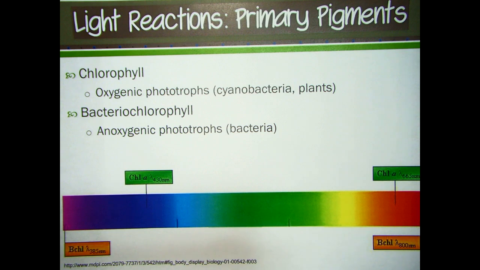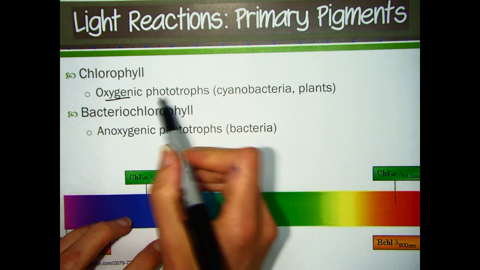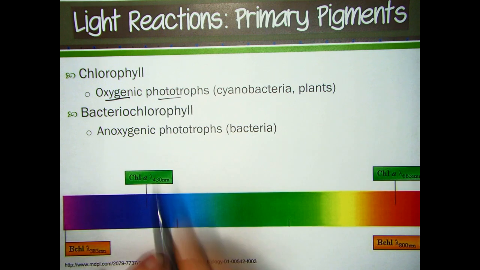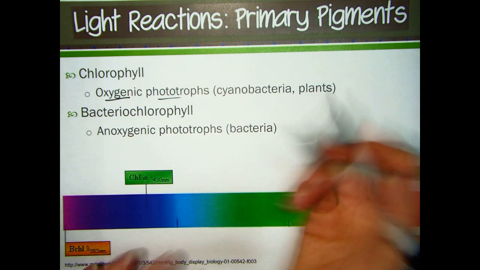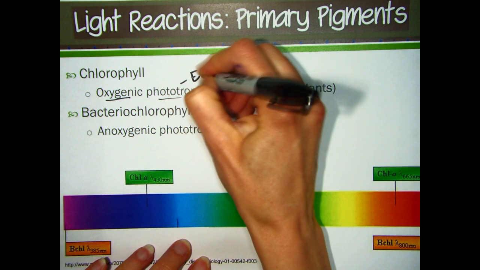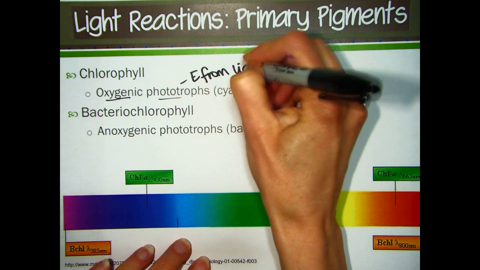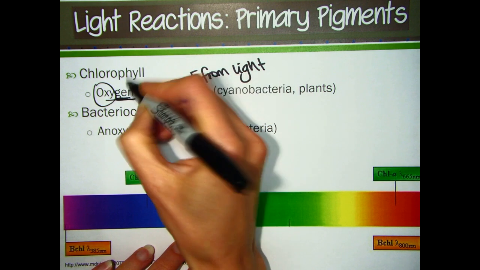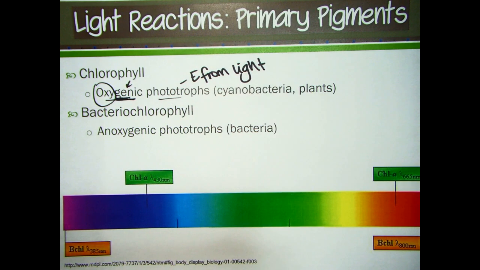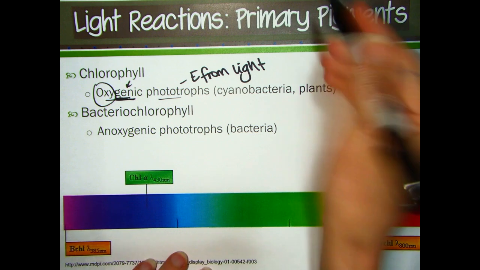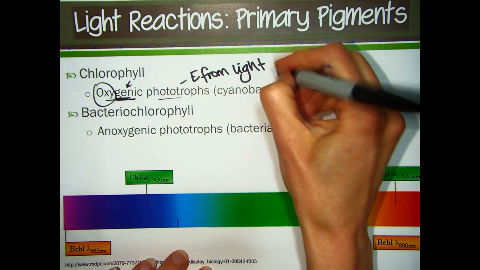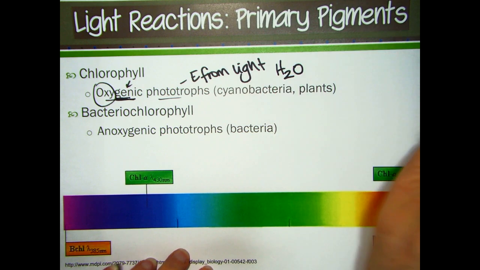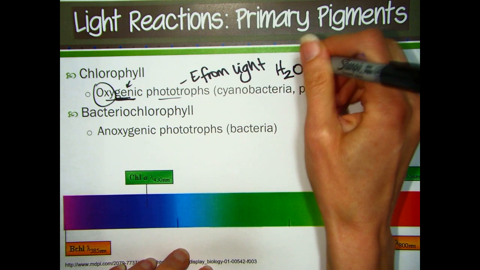Chlorophyll is found in oxygenic phototrophs, and phototrophs are things that get their energy from light. Of course, if they are oxygenic, genesis means making, and so oxygenic phototrophs make oxygen. You might be unsurprised to learn that this happens when water is split.